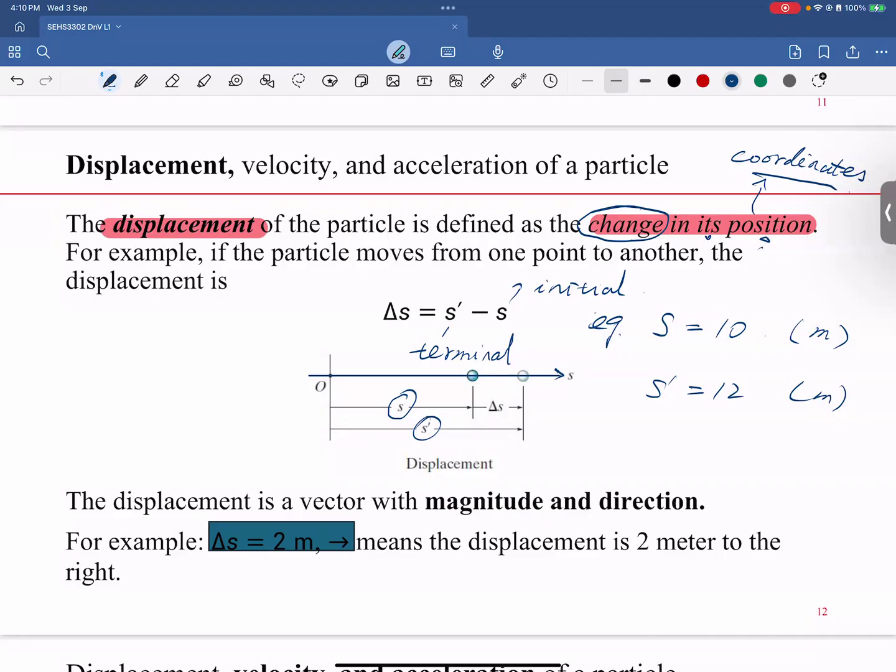So change in position, we find sometimes it's positive, sometimes it is negative, right?